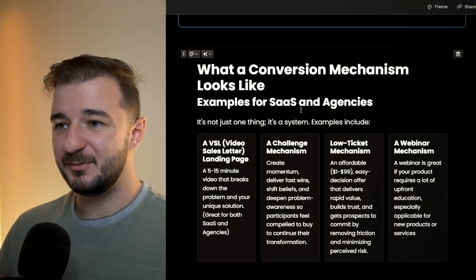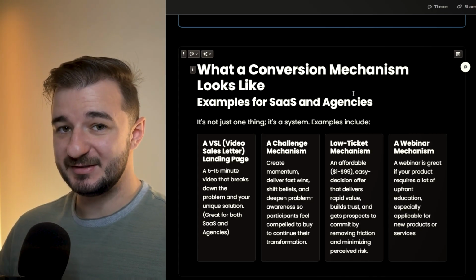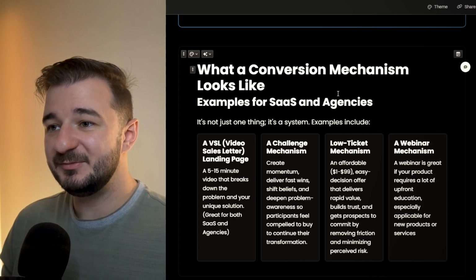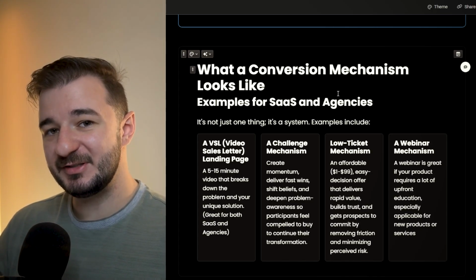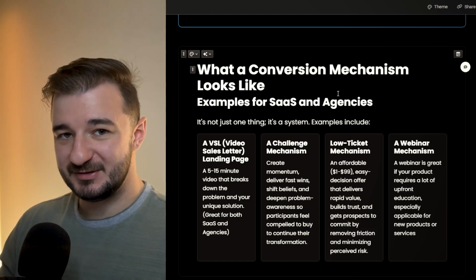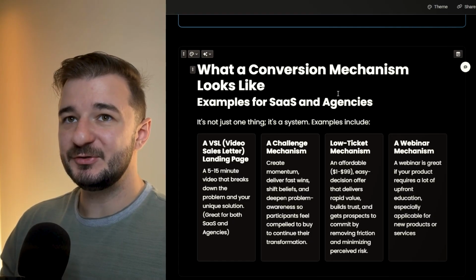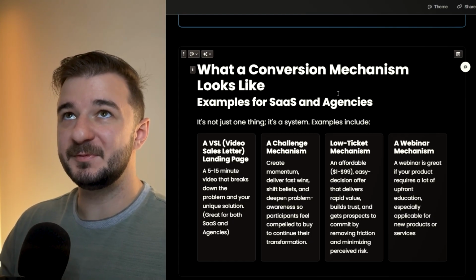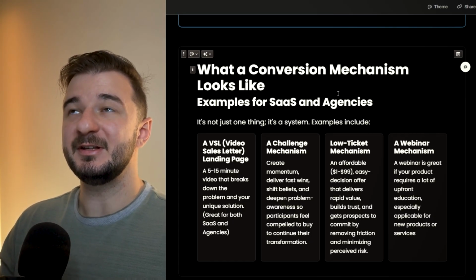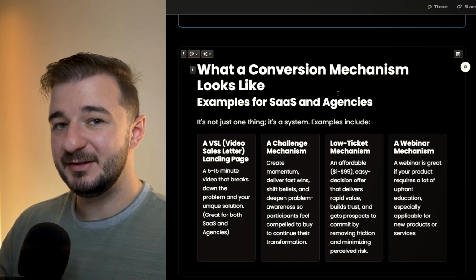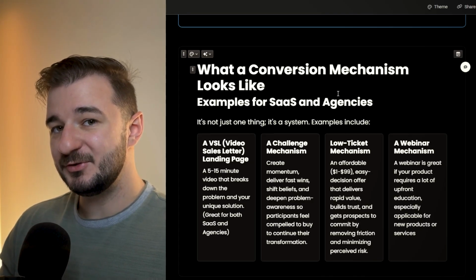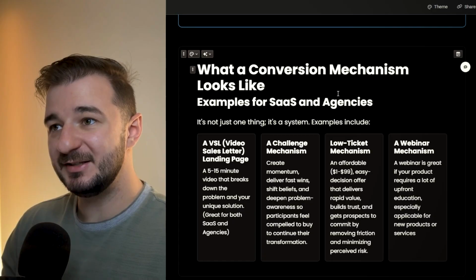The other one is a challenge mechanism. A challenge mechanism is a really interesting thing to execute on, because the whole idea is to help your prospects get an easy win by themselves, because you help them take a certain action.